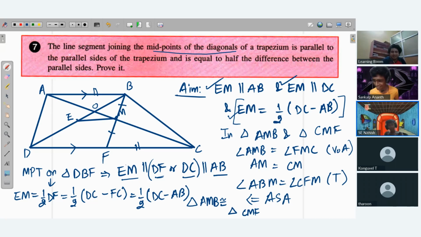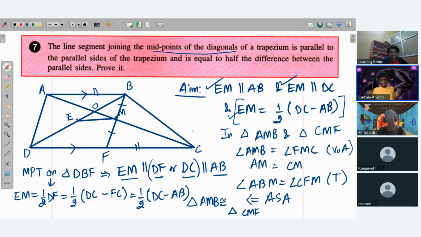You didn't solve it, Rash. Your method is still pending. If in your method you can show this relation, that method is also valid. If you can show that ABFD is a parallelogram and then EM is equal to half of something, yours is also valid. But don't go in the air.